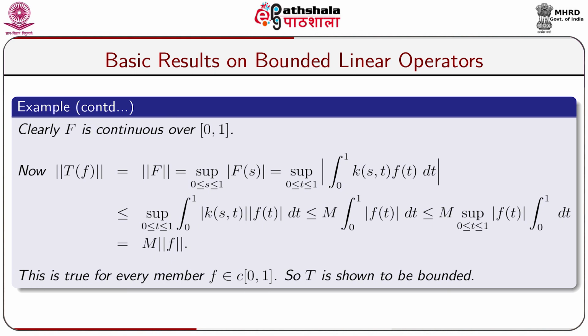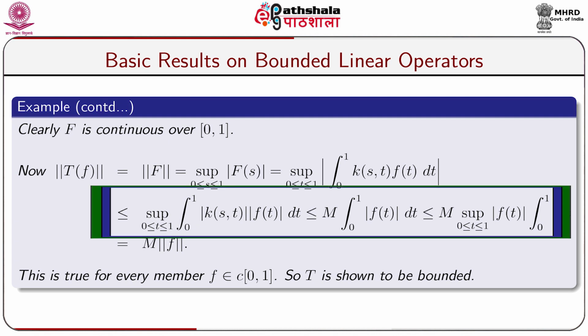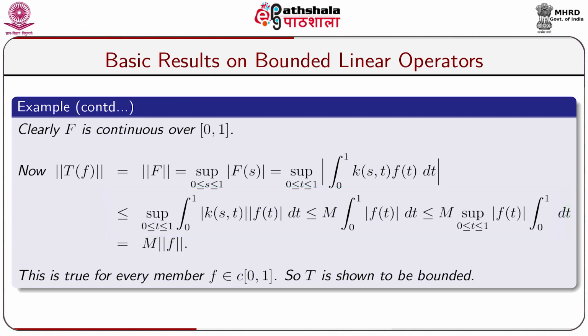Clearly F is continuous over [0,1]. Now ||Tf|| = ||F|| = sup |F(s)|, where the supremum is taken over the closed interval [0,1], which is equal to sup over 0 ≤ t ≤ 1 of |∫₀¹ k(s,t) f(t) dt|, which is less than or equal to sup over 0 ≤ t ≤ 1 of ∫₀¹ |k(s,t)| |f(t)| dt, which is less than or equal to M ∫₀¹ |f(t)| dt, which is less than or equal to M sup over 0 ≤ t ≤ 1 of |f(t)| ∫₀¹ dt, which is equal to M ||f||.